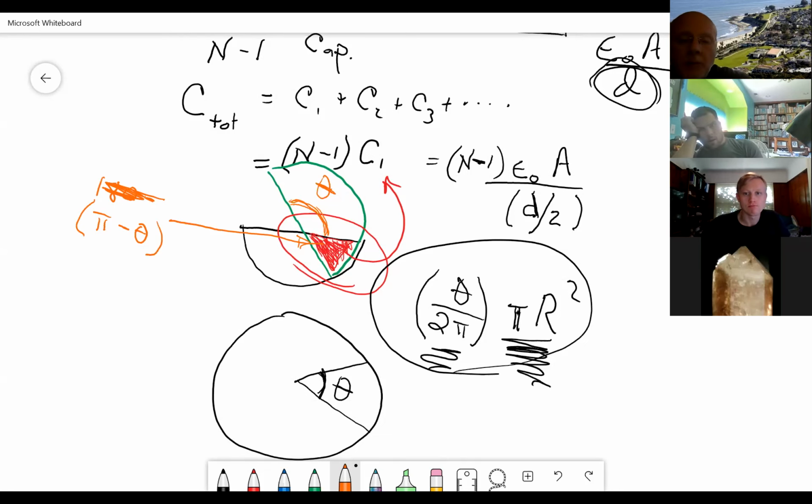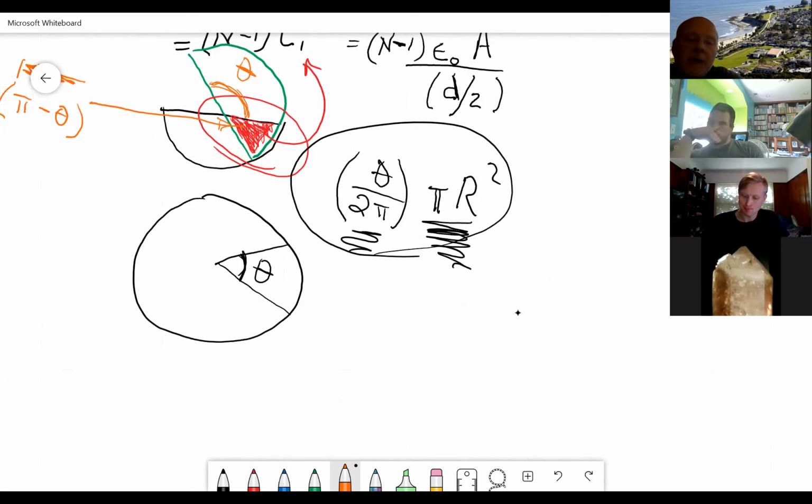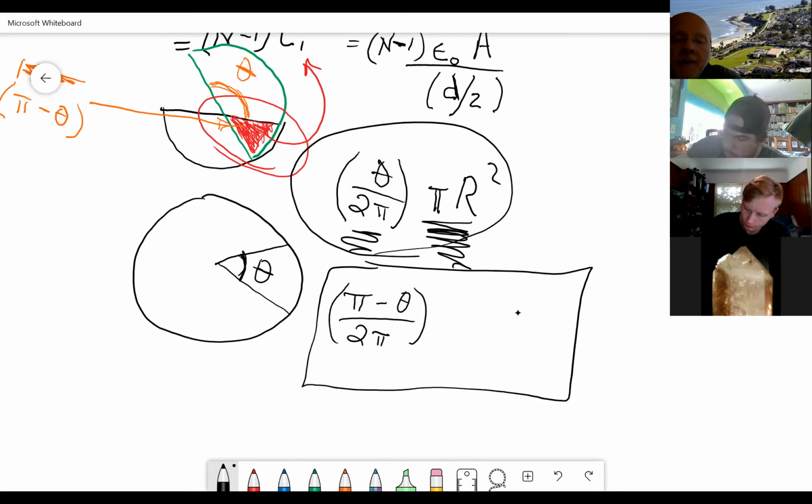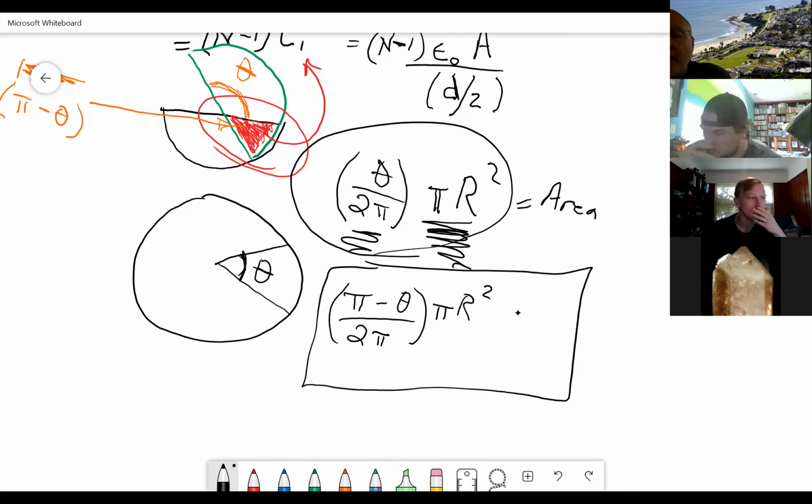So I'm going to go back to our math discussion and say, okay, so that means I need to modify this equation that I kind of did for you in math and write it not as theta over 2 pi, but pi minus theta over 2 pi times pi times r squared. So that would be the overlap area. And I didn't put area here, but maybe I should spell it out. Area.